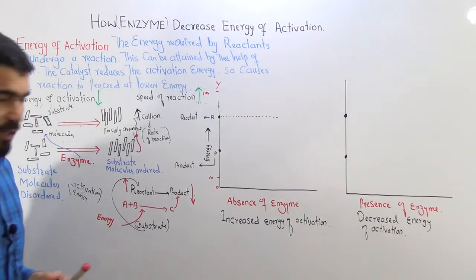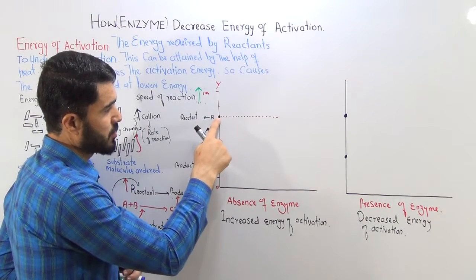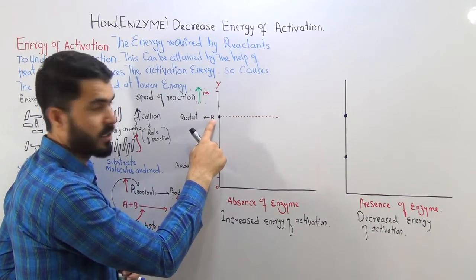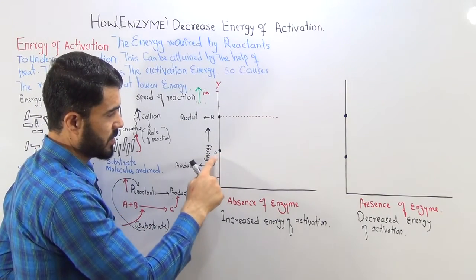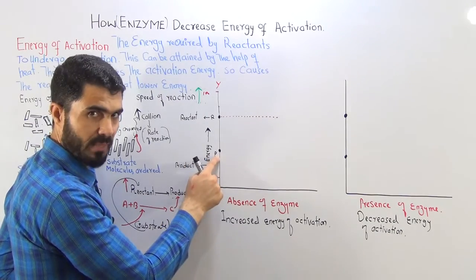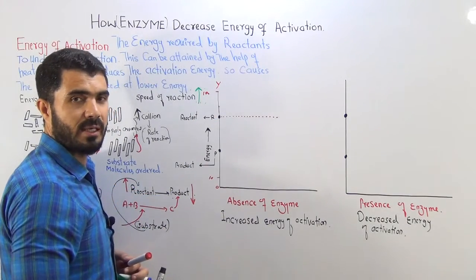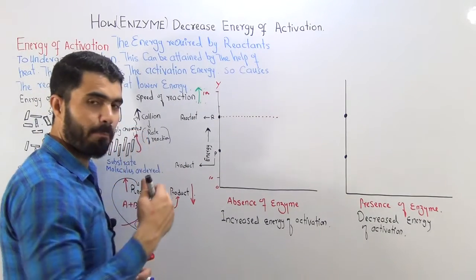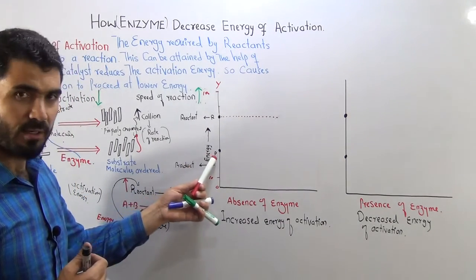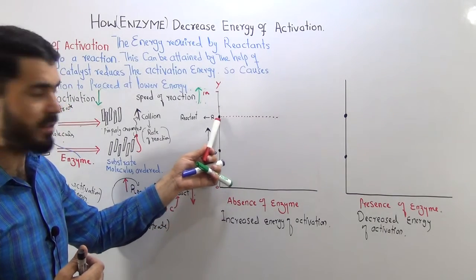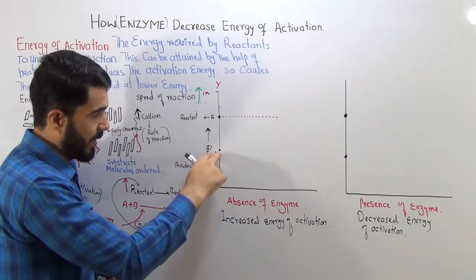Now, let me spot the reactant and product here on the y-axis. This spot is our reactant, marked R, and this spot is our product P. From this diagram, can you guess which molecule has high energy, reactant or product? Definitely reactant has high energy, product has less energy, because the product is lower here at this level.